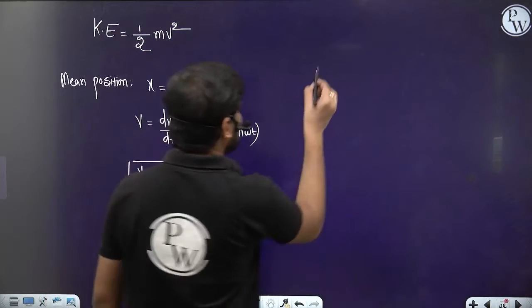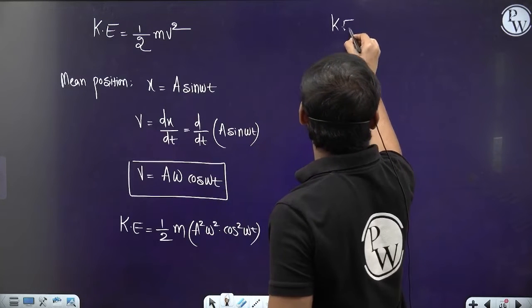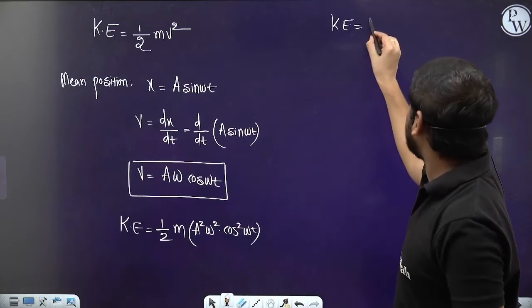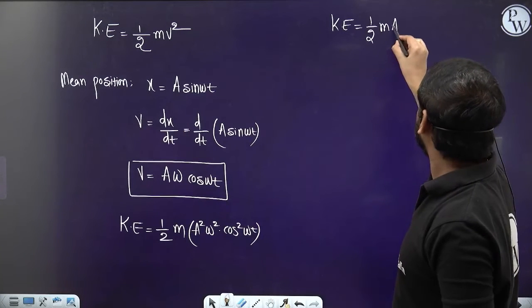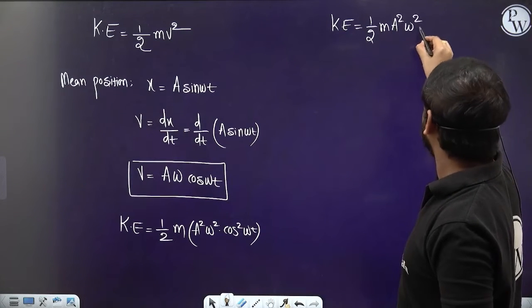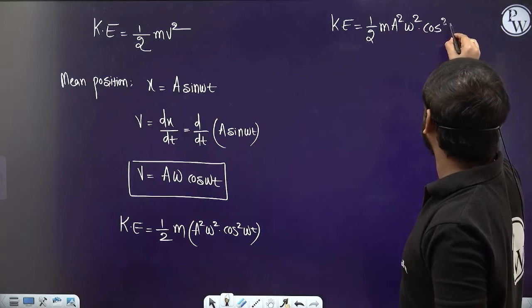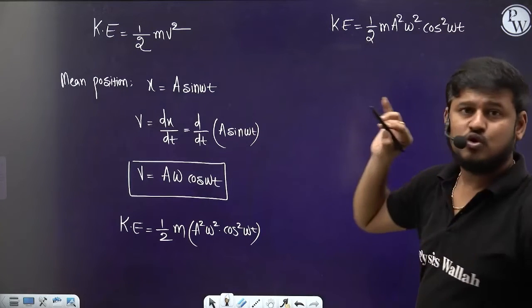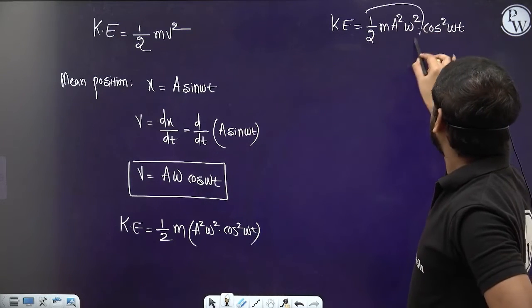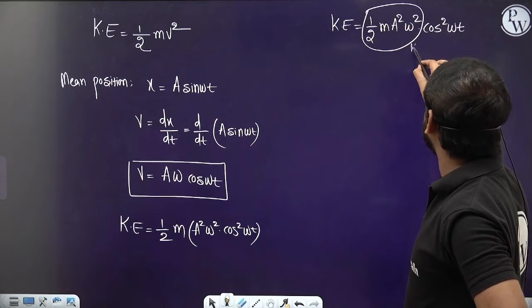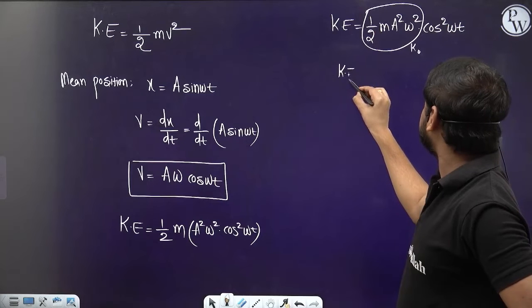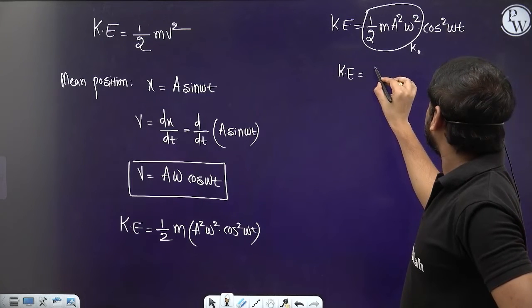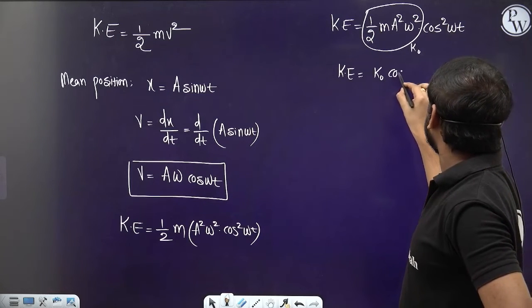So the kinetic energy is equal to half m A square omega square into cos square omega t. Let's say half m A square omega square is K naught, the maximum kinetic energy. So KE is equal to K naught into cos square omega t.